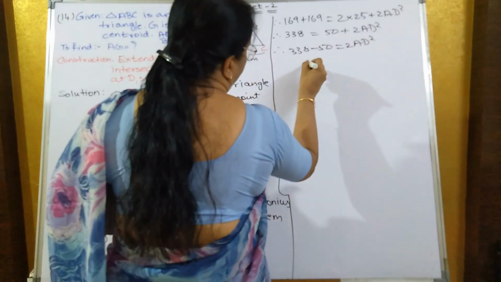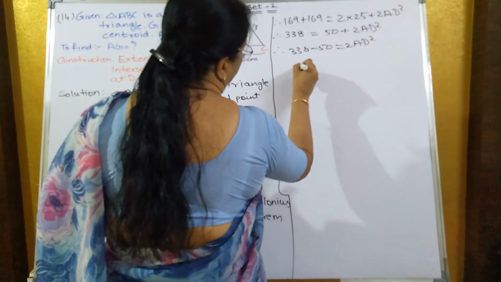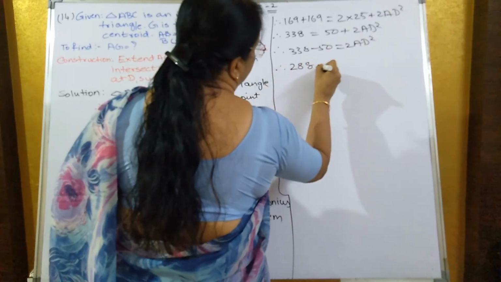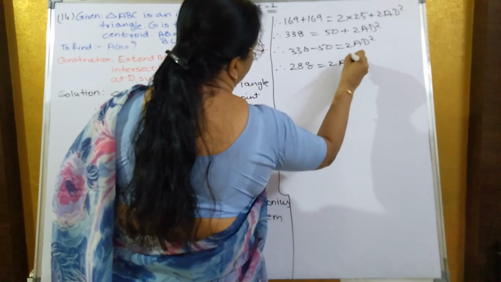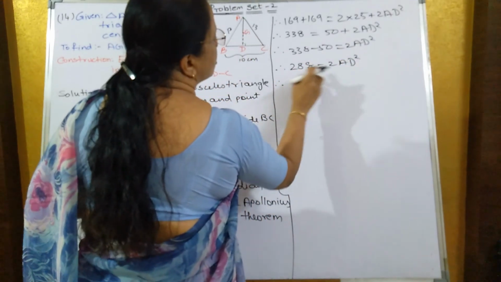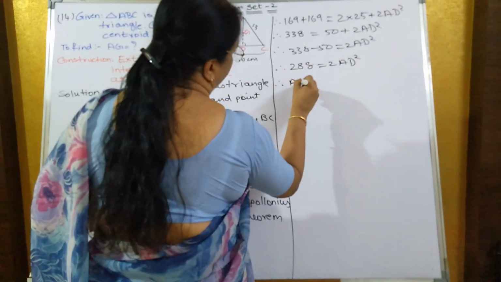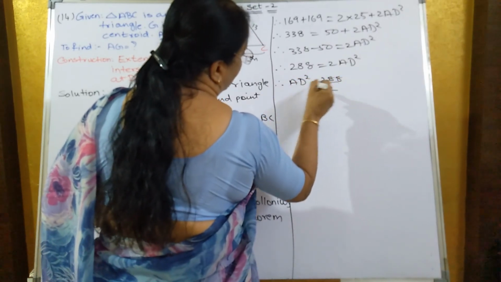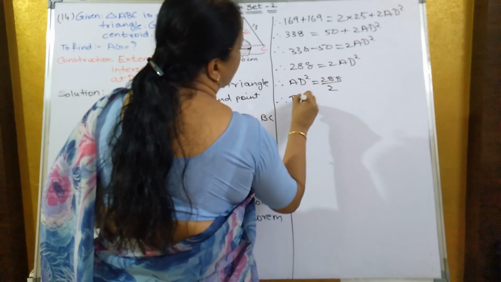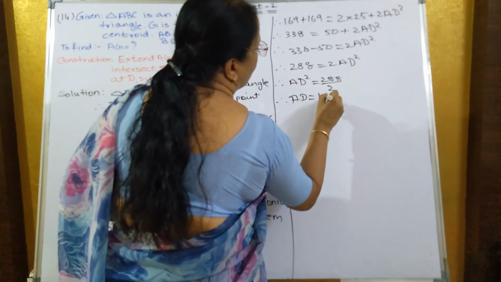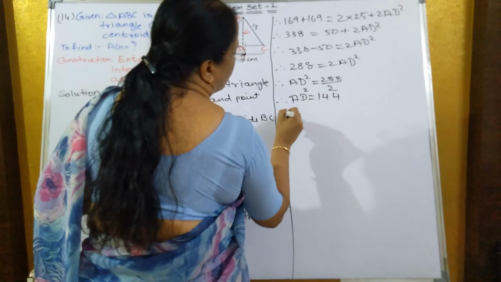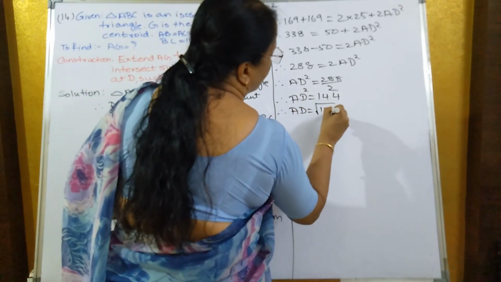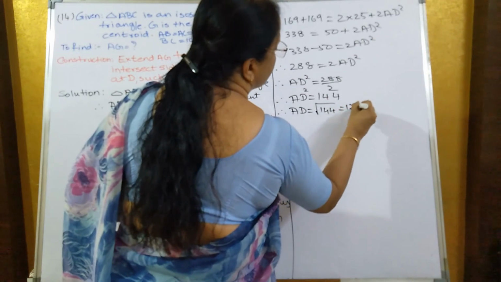Now, when you subtract, you get how much? 288. Therefore, 288 is equal to twice AD square. Therefore, bring this 2 below 288. So, AD square is equal to 288 divided by 2. Therefore, AD square is equal to how much? 144. Therefore, AD is equal to how much? Root of 144. That's equal to 12 centimeter.